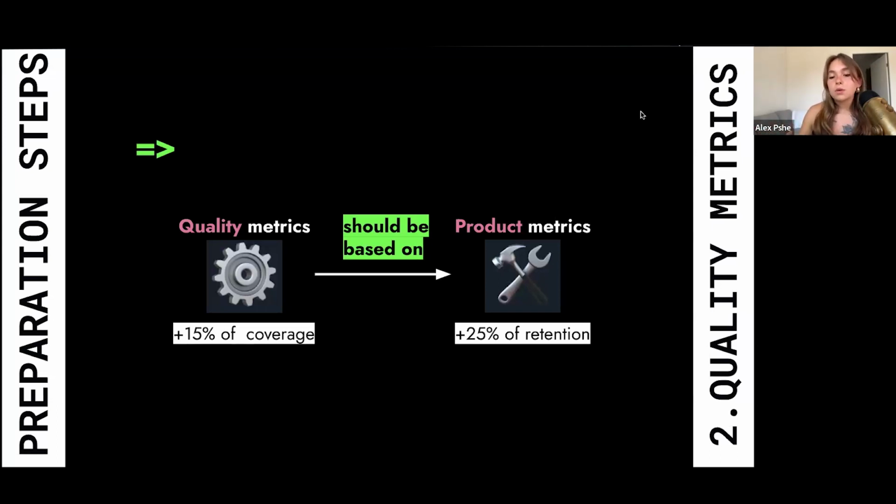And here you can analyze, for example, if you increase your coverage by 15%, in this case the possibility of achieving the product metric is really high.